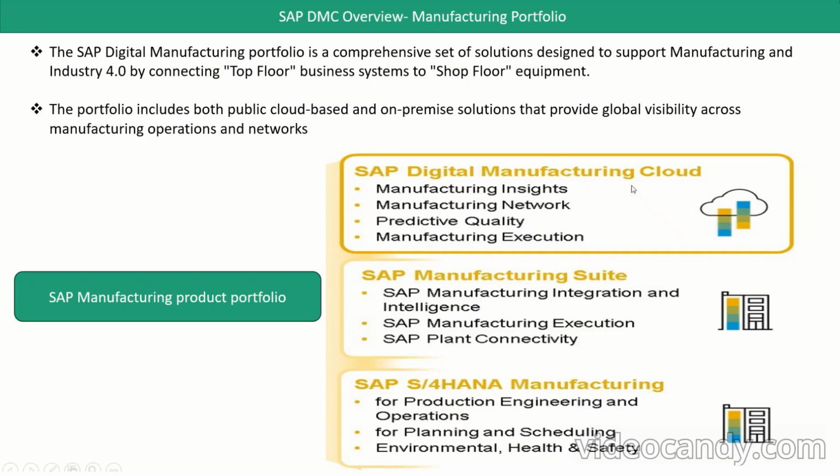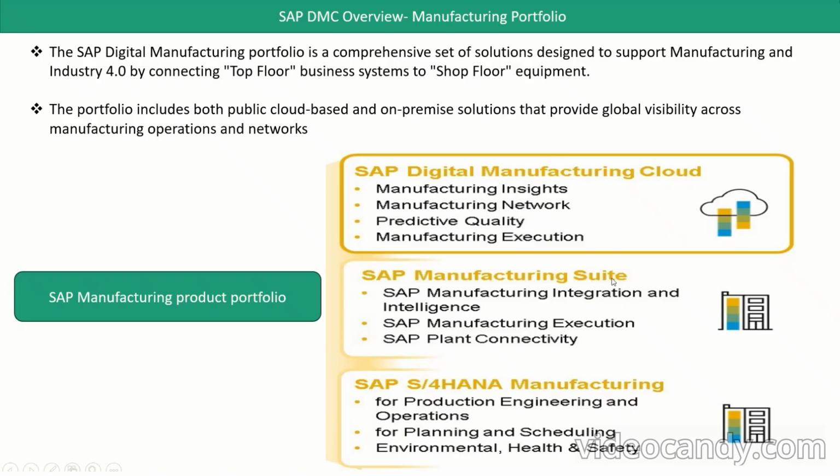SAP Digital Manufacturing on Cloud is a MES system from SAP hosted on public cloud, and it gives you the ability for manufacturing execution, insight, network, and predictive quality. These are the high-level features provided in SAP Digital Manufacturing on Cloud.